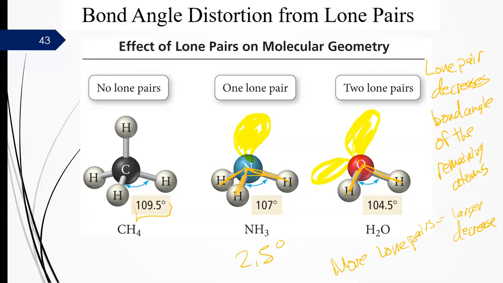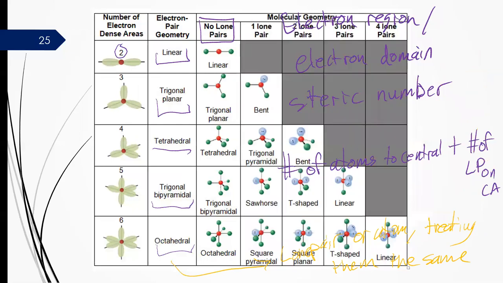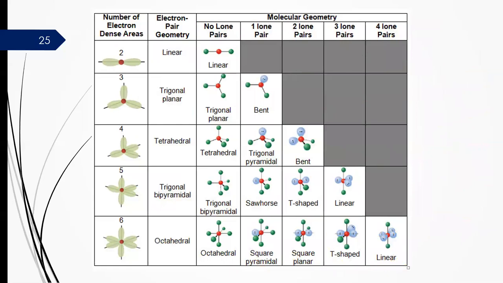Now, because of this, we start to get more names for our molecular geometry than we did from our electron geometry. And so that's why we have this chart here, is that now as we start to name them, we have to come up with more options. So when there's no lone pair, our molecular geometry matches our electron pair geometry.